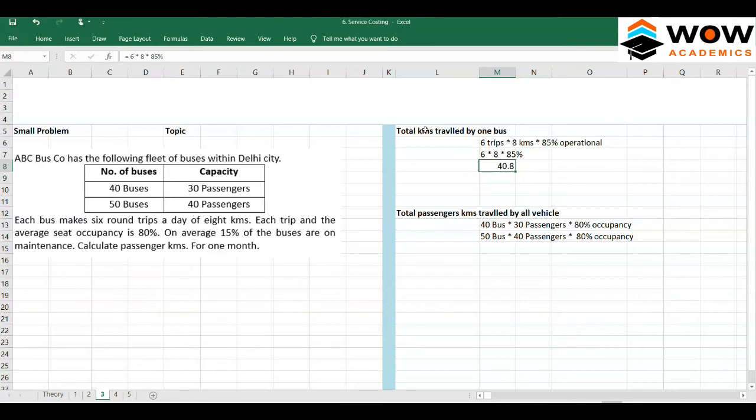But what we need is the distance traveled by one bus in a month, and we have not considered the month. A month I think would be 30 days, so we'll multiply by 30 days here, because he wants you to find out passenger kilometers for 1 month, which is 30 days. So if we take that, it would be 30.